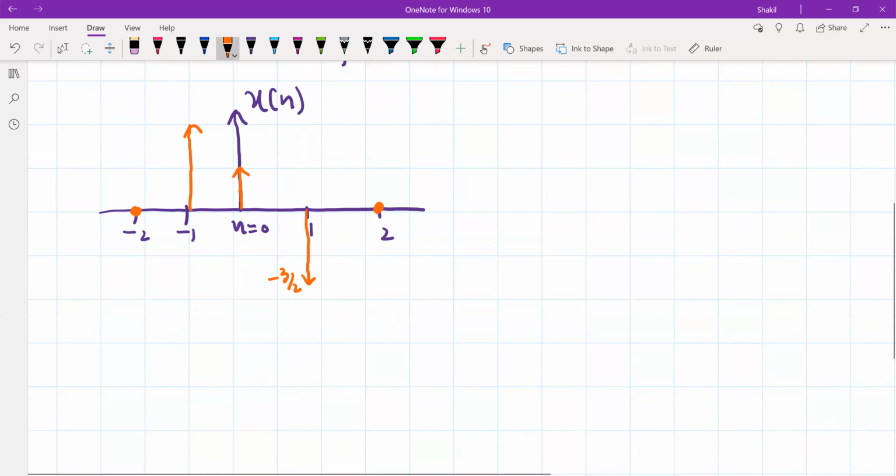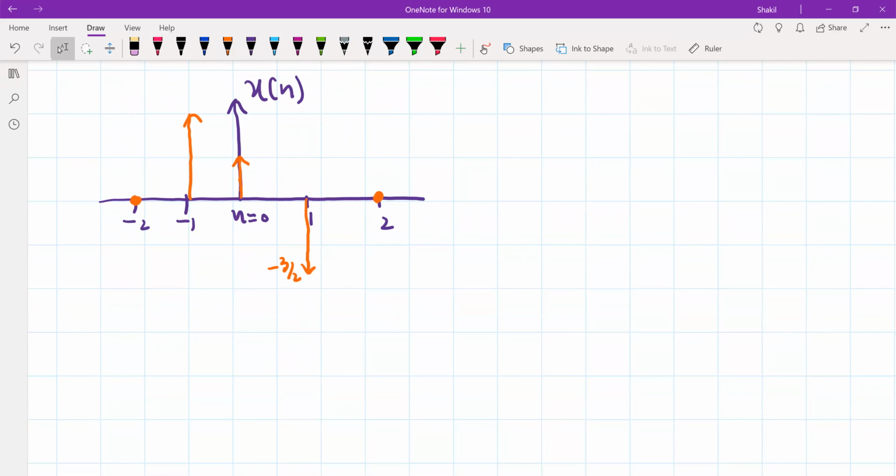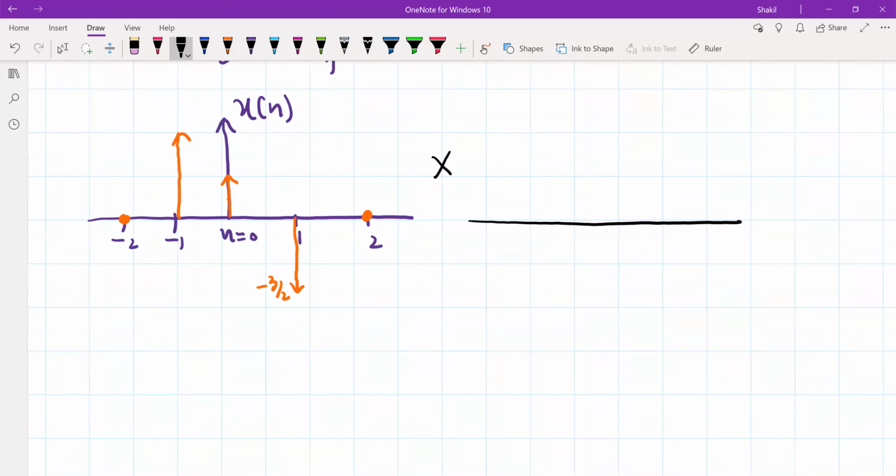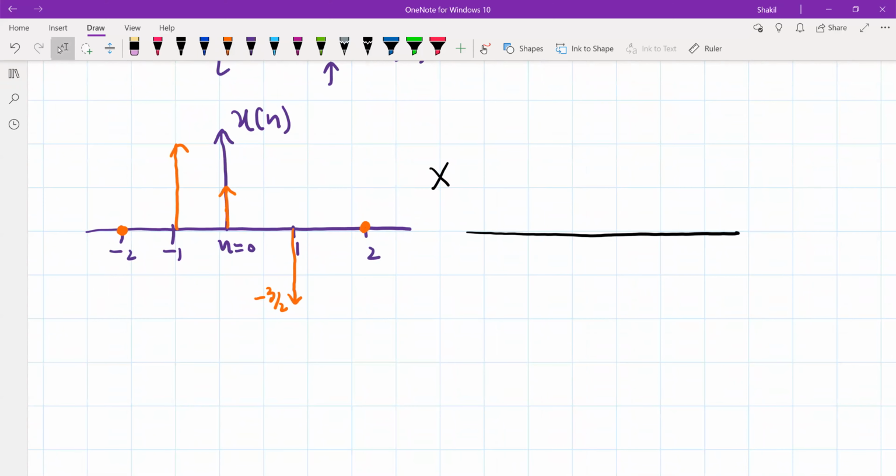Now, in the first step, I'm going to multiply this sequence with this function. I'm going to take a sequence and do this multiplication. Let's suppose this is our delta function, so I'm going to multiply x of n by delta n. And by definition, if you remember, delta n is 1 at n equal to 0 point.